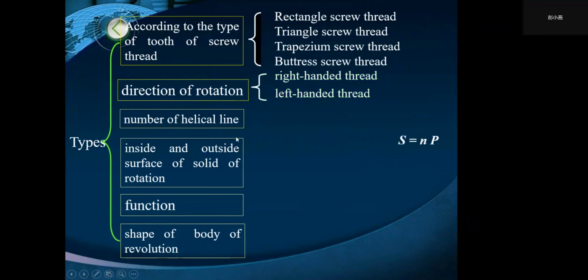According to the number of helical lines, the screw thread can be divided into single-stud thread and multi-stud thread.